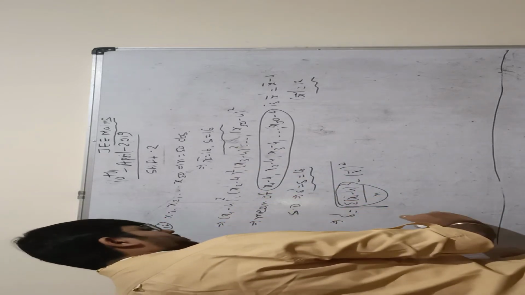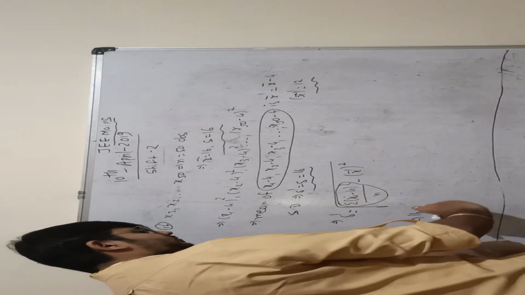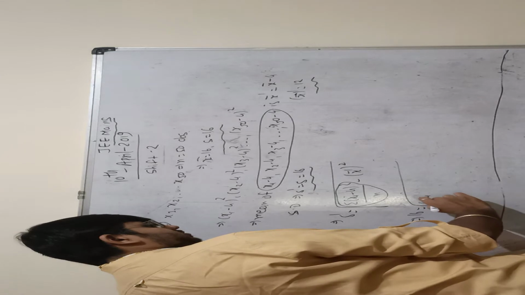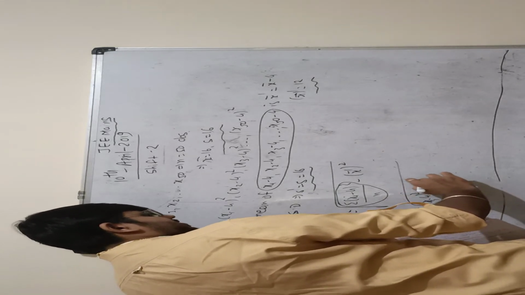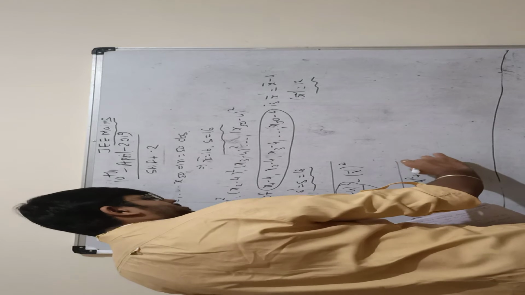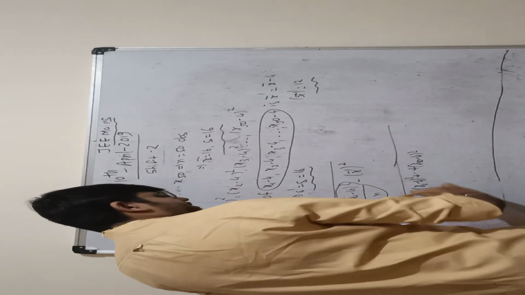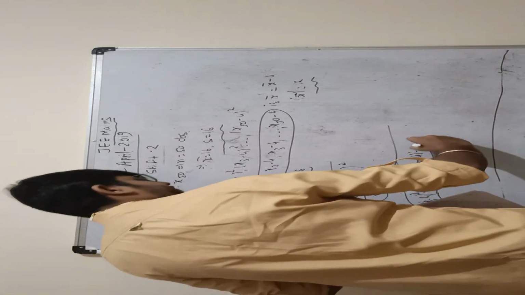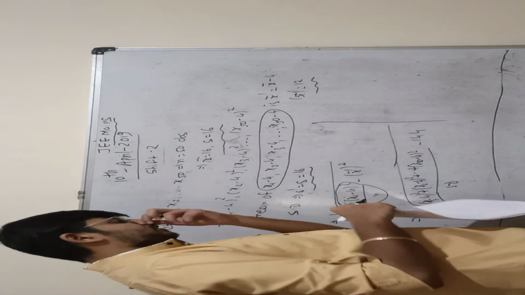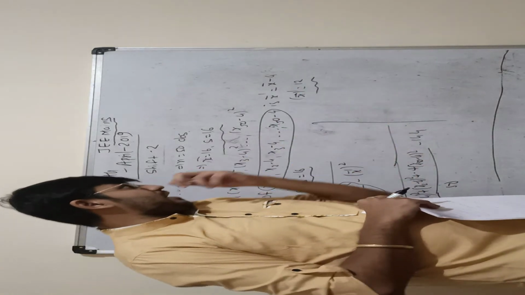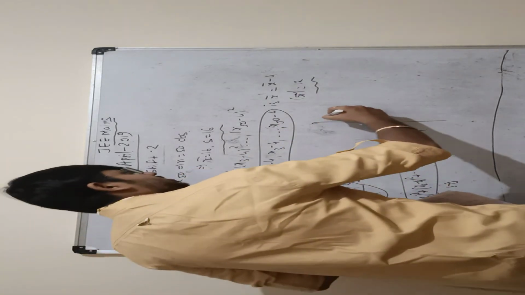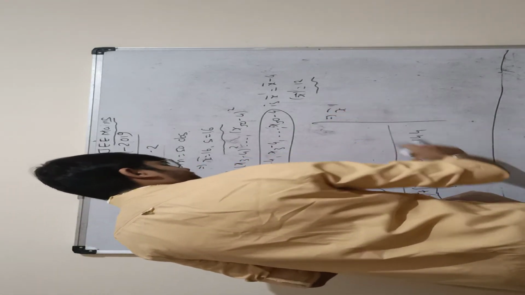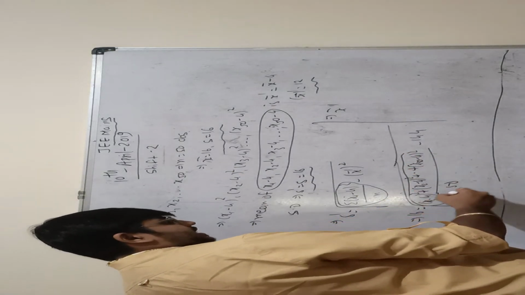So s dash, given as 16, equals the root of ((x1 minus 4) square plus (x2 minus 4) square up to (x50 minus 4) square) by 50, which we want to find out, minus 144 because it is the square of the new mean, which is the square of 12. Okay, now if I square both sides, let us say x bar double dash.